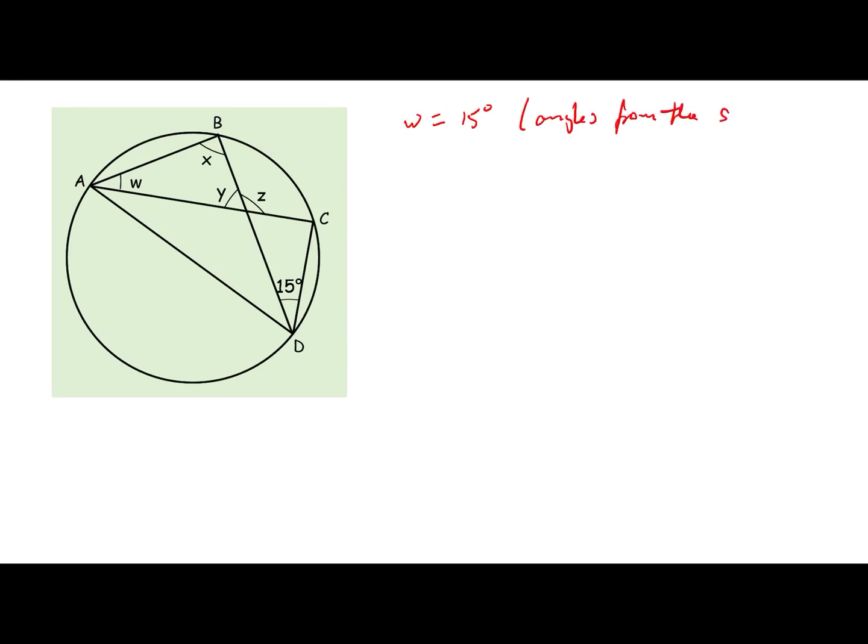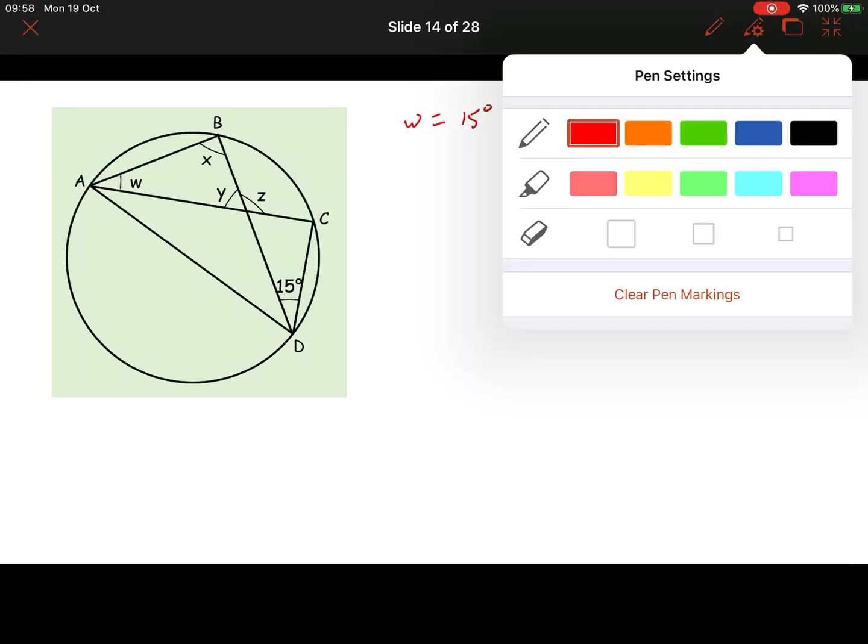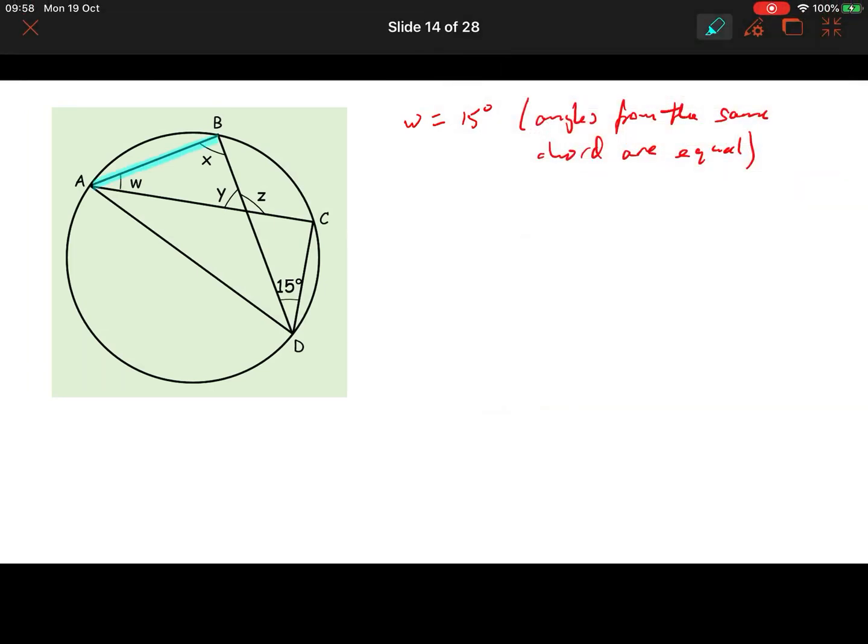Because angles from the same chord are equal. That is to say, here we have a bow tie. Okay, we have a bow tie. So therefore, this angle must be the same as this angle.